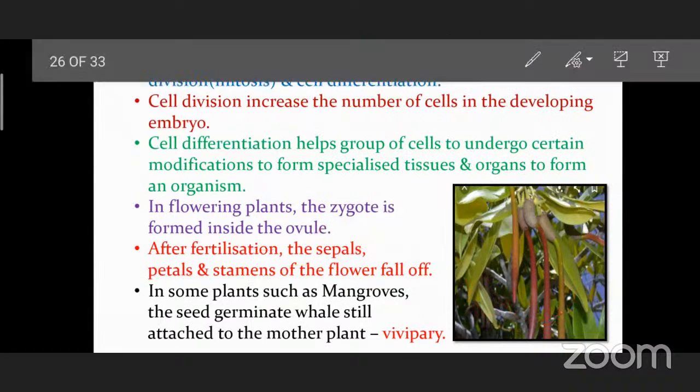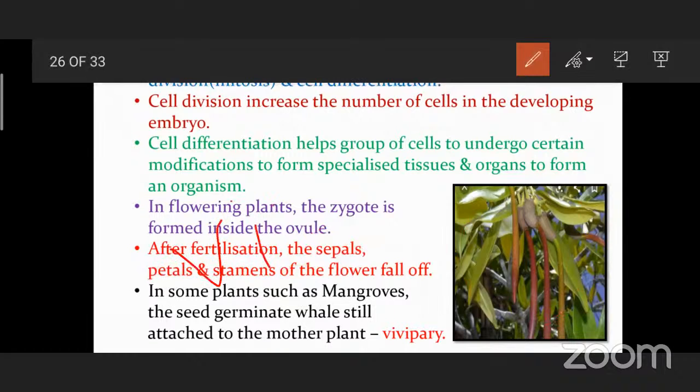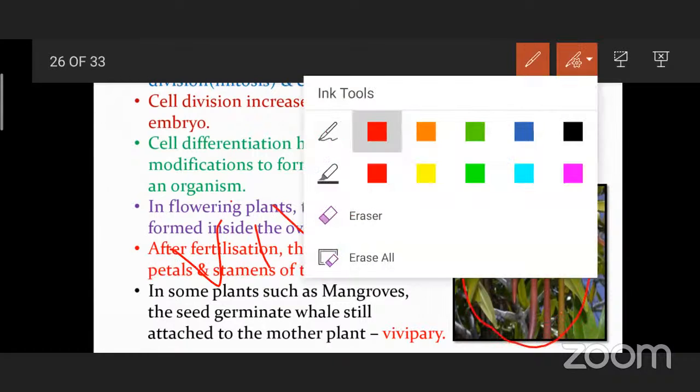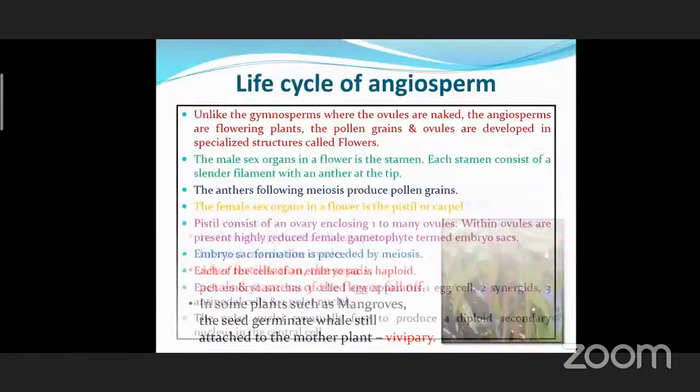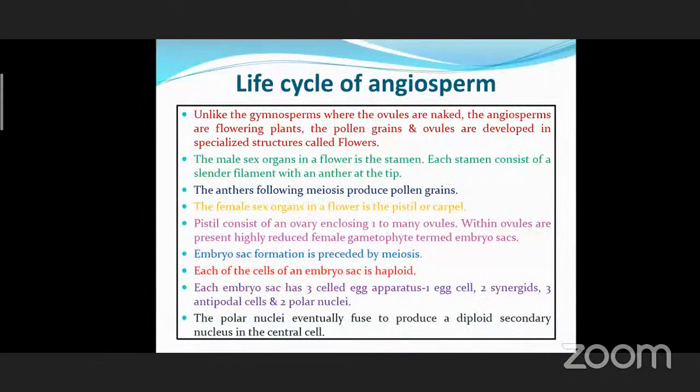This condition is known as vivipary. What is that? Vivipary. The seed germinates while still attached to the mother plant. This is important for 2 marks. What is vivipary? Next, we will discuss an important topic, the life cycle of angiosperms.